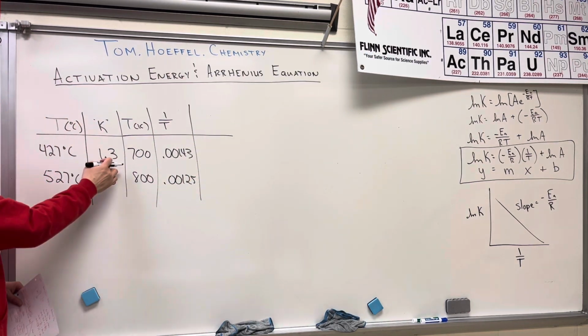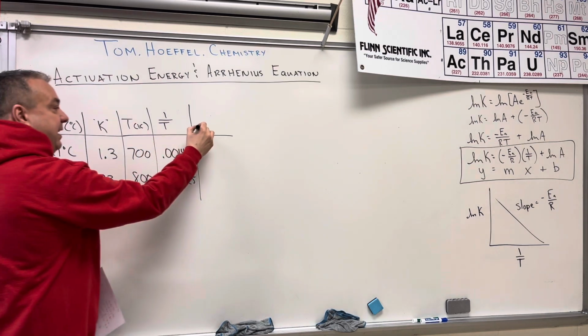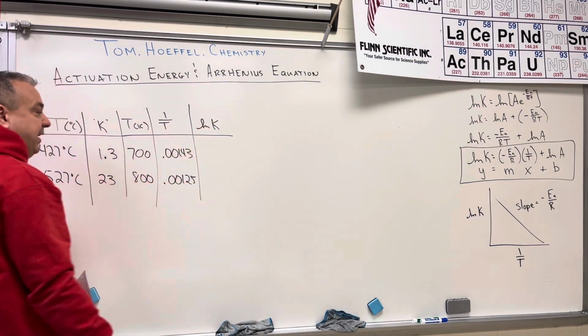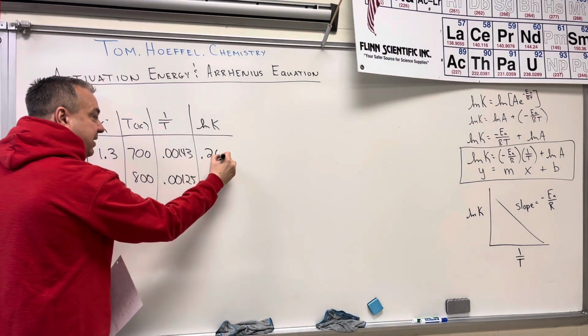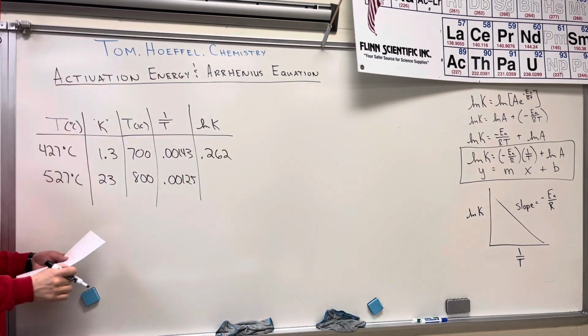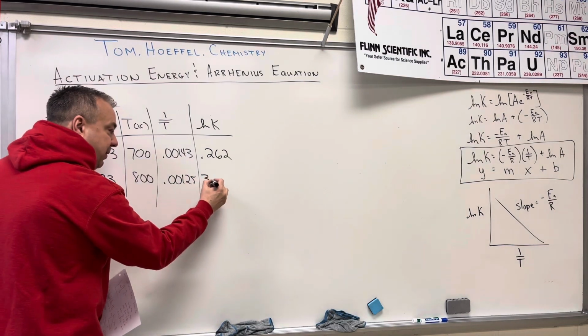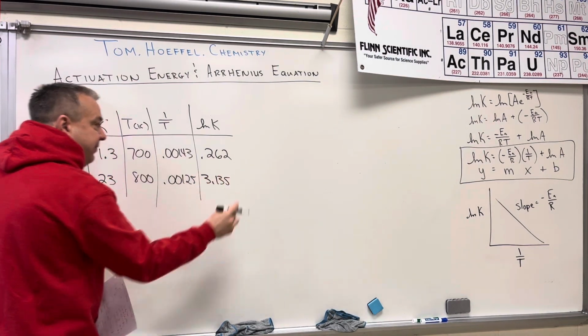And then I'm going to do the natural log of K right here. So I take the natural log of 1.3, and that comes out to 0.262. I do the natural log of 23, and that comes out to 3.135.